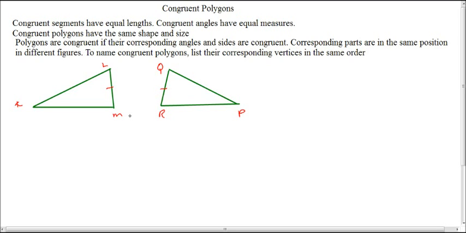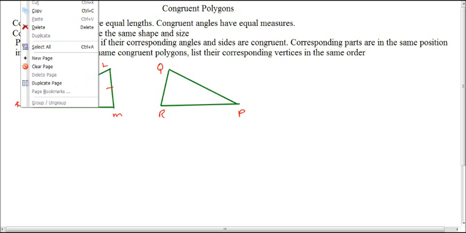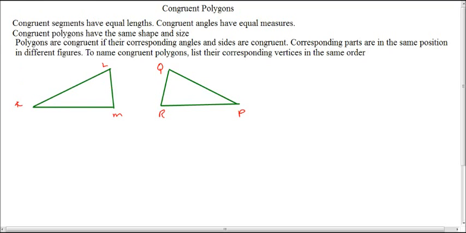And well, before I do that, let me do something totally different. I do want to go ahead and add in some measurements. So let's say this is angle K, and angle K is 30 degrees.